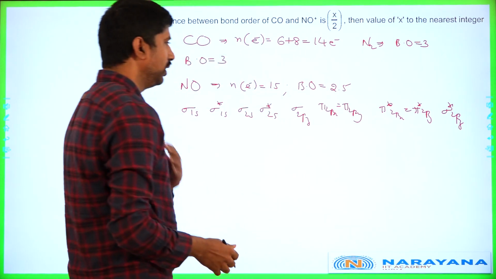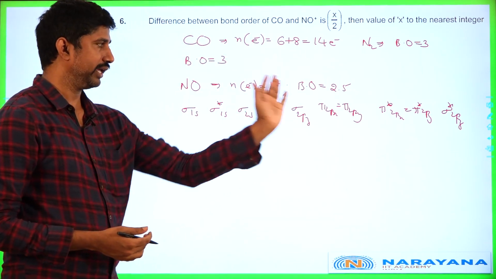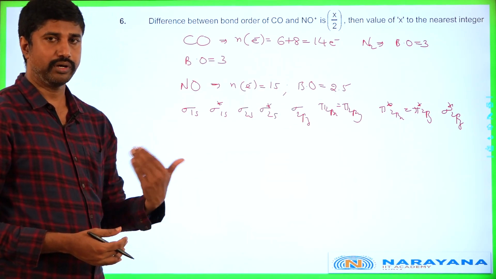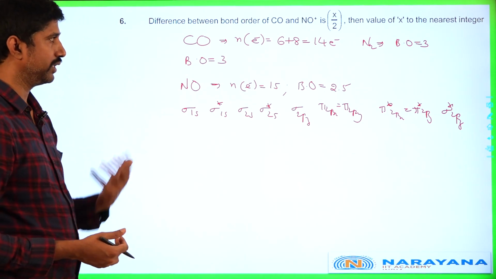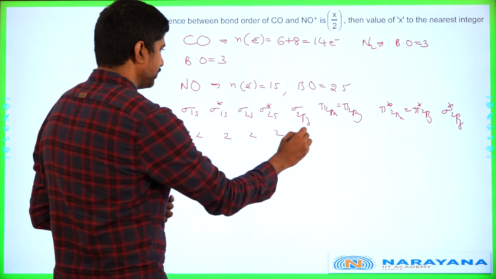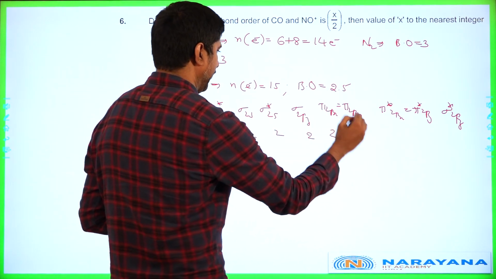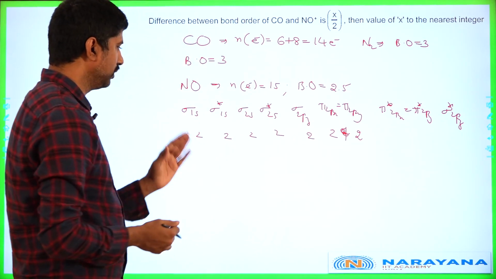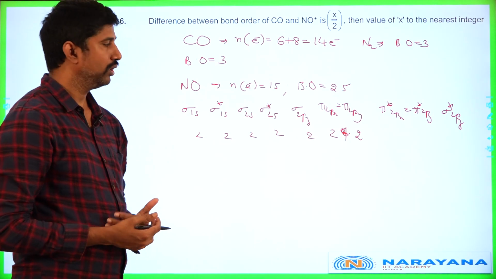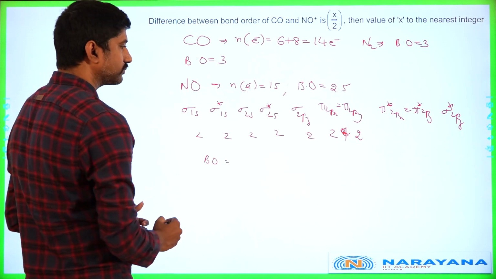Normally we go by the number of electrons directly, arrange them, and find the number of bonding and anti-bonding electrons. With 14 electrons, we arrange them all: 2 in each of the lower orbitals, pi 2px 2 electrons and pi 2py 2 electrons, and so on up to 14.